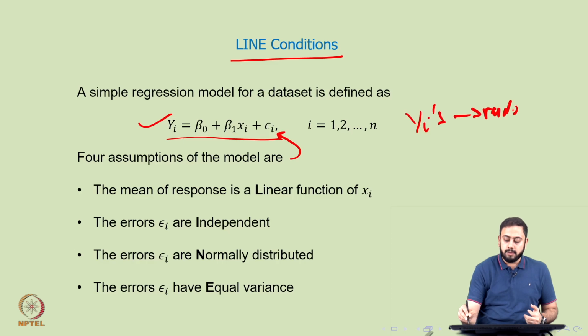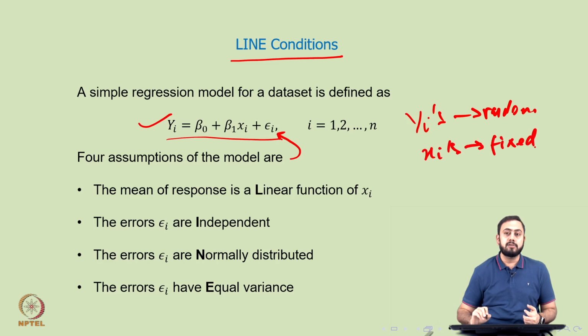This is a very important point to keep in mind always: yi's are random variables while xi's are fixed. We do not treat xi's as random variables; we treat them as fixed observed quantities. Since the random errors are random variables, the response becomes a random variable, because remember the goal is to predict yi and not xi. Whichever quantity you want to predict has to be assumed to be a random variable.